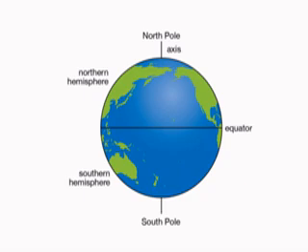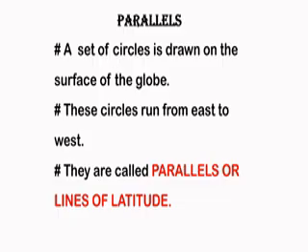This equator is dividing our earth into two equal halves. The part of the earth which lies above the equator towards the North Pole is known as the northern hemisphere. The other part which lies from the equator towards the South Pole is known as the southern hemisphere. In that way, two hemispheres are there.